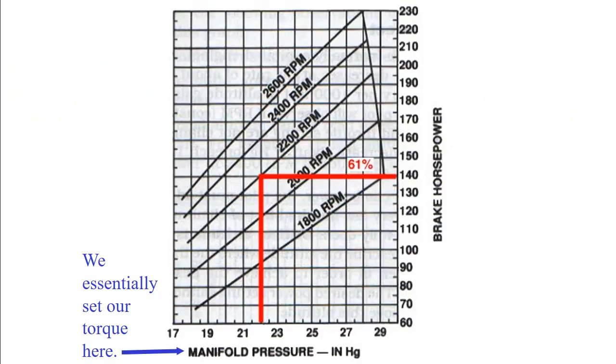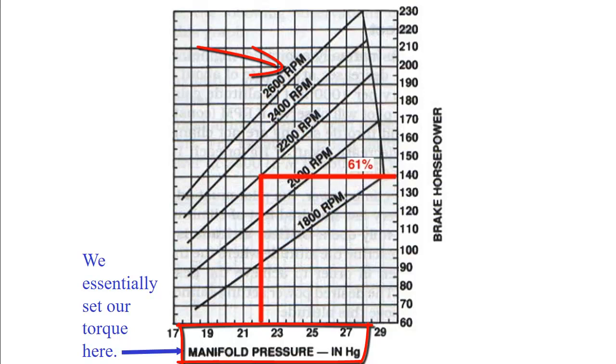So here's a chart from a typical 230 horsepower horizontally opposed six-cylinder. So this would probably be a Continental O-470, and it gives us horsepower based on manifold pressure and RPM.